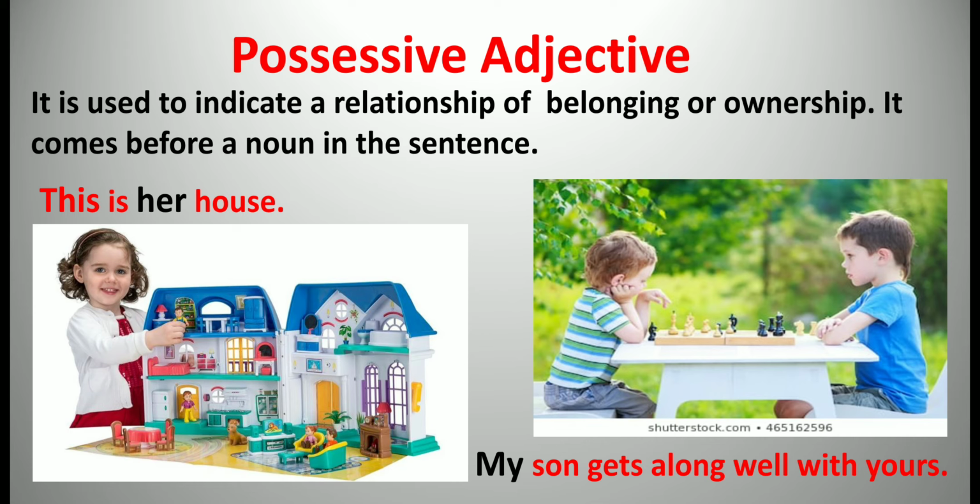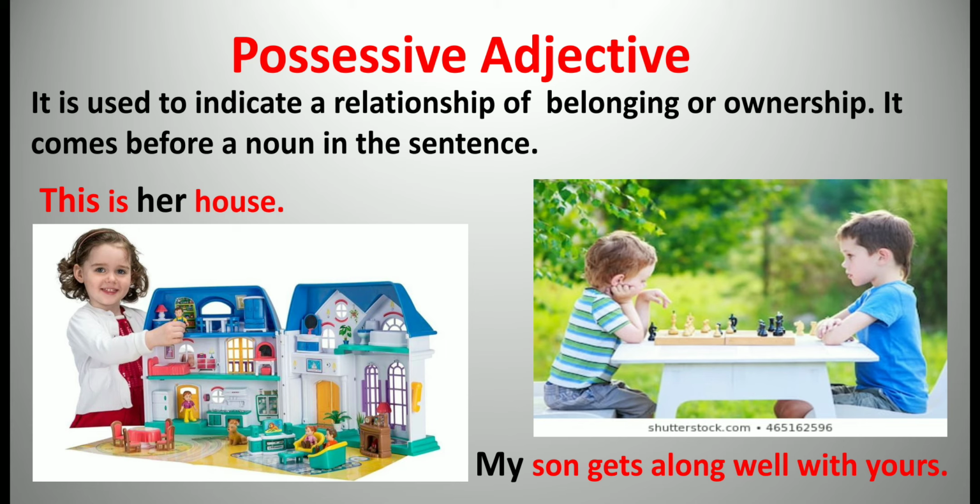Possessive adjective is the next category of the adjective that indicates a relationship of ownership or belonging. It is placed before a noun. They answer the question, whose? For example, this is her house. The adjective her in this sentence answers the question, whose house is this?